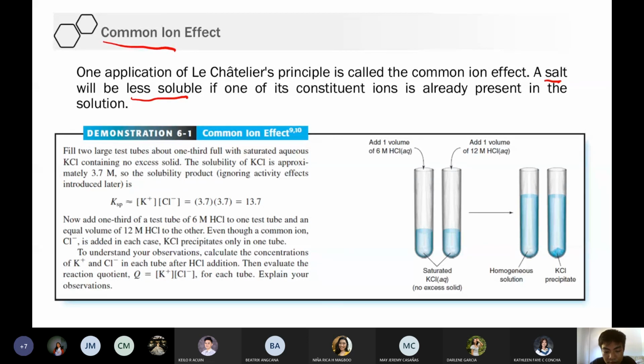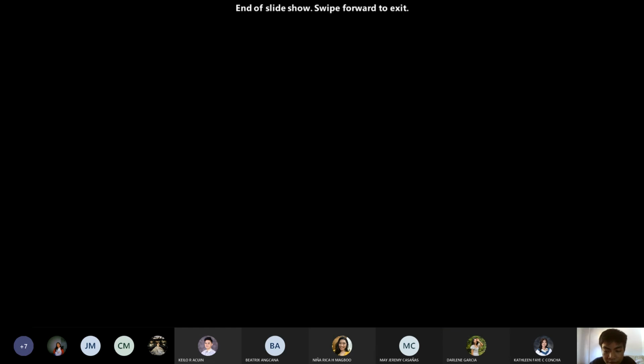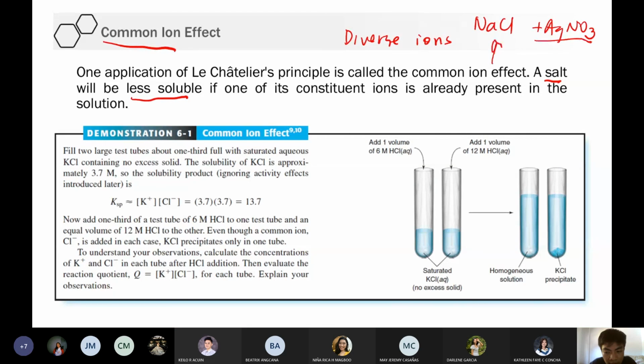So what if we add diverse ions? When you say diverse ions, these are ions different than your salt. For example, you have NaCl. If I add silver nitrate, that's a diverse ion. So what will be the effect of diverse ion with your salt? We will discuss that next meeting, for the last chapter before the midterms.